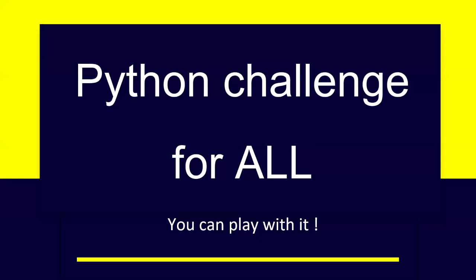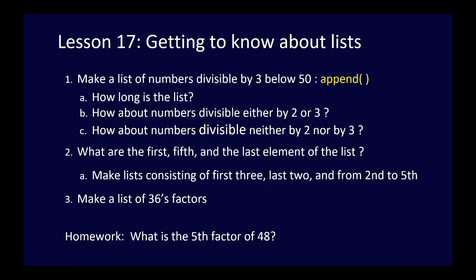Okay, let's see where we were last time. Last time we started to work on lists. We need to be familiarized with lists because it's a very basic and important data structure, and we learned how to make lists and how to use lists.